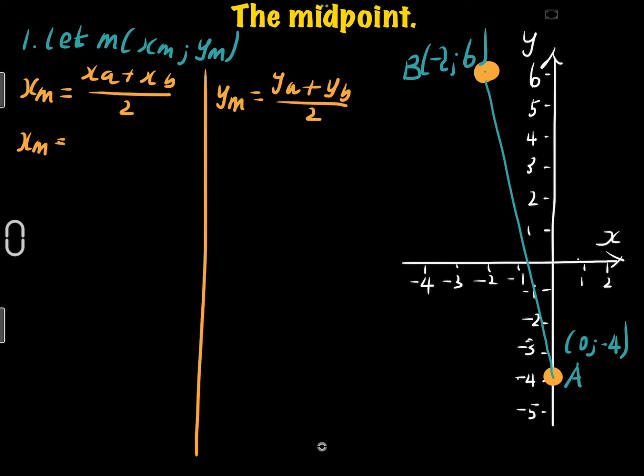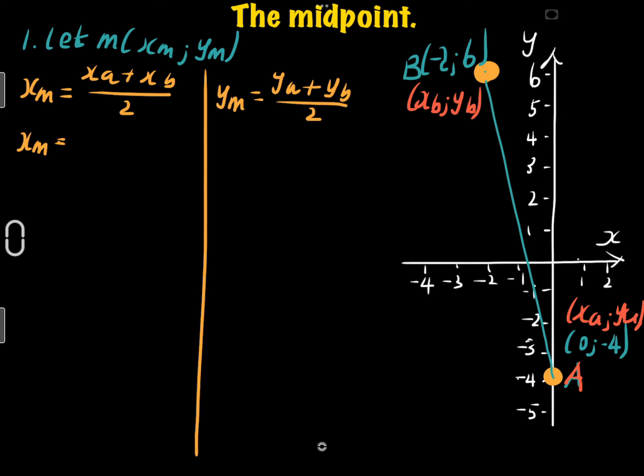We should take into account that at point A, we have xa and ya. And here at B, we have xb and, conversely, yb.